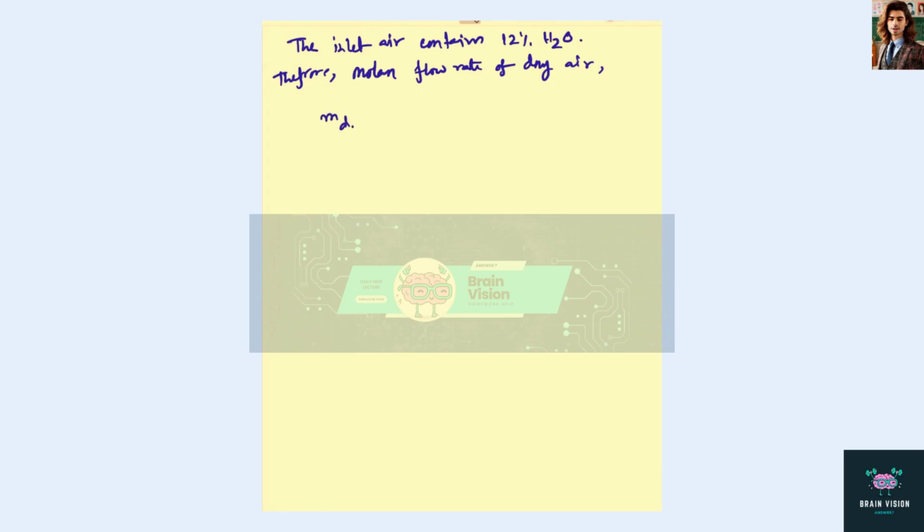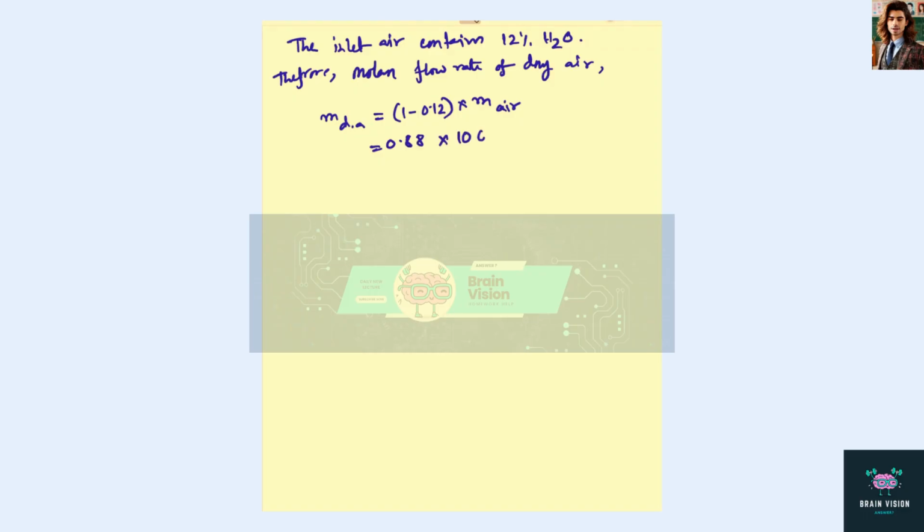Now let's calculate the volumetric flow rate of the inlet air. The inlet air contains 12% of water. Therefore, the molar flow rate of dry air is equal to 1 minus 0.12 multiplied by the molar flow rate of air.